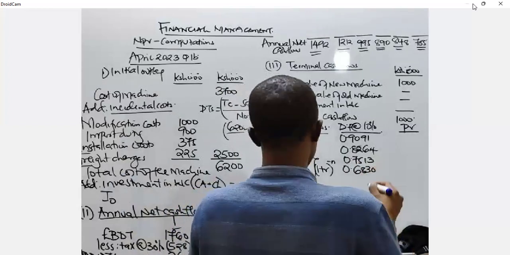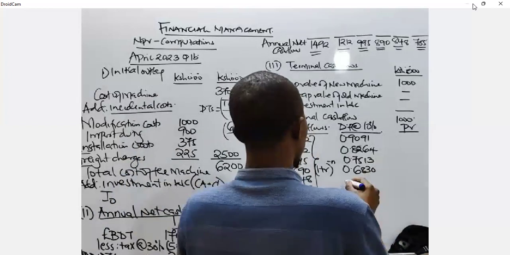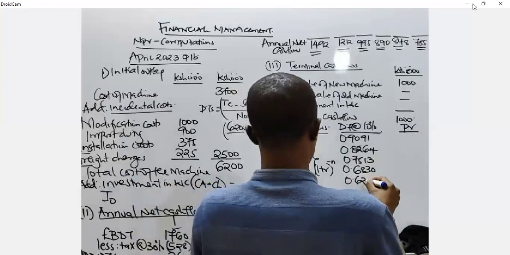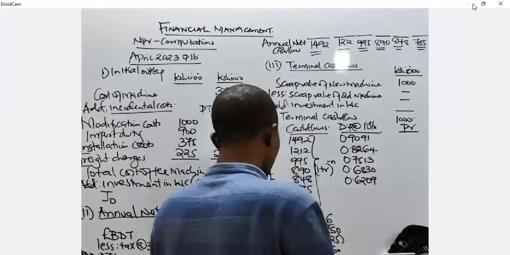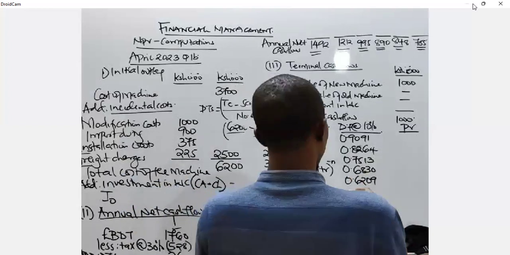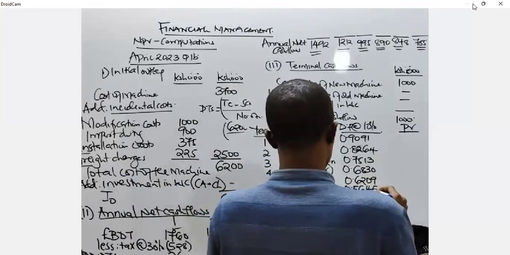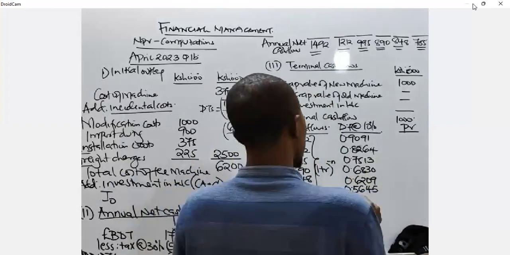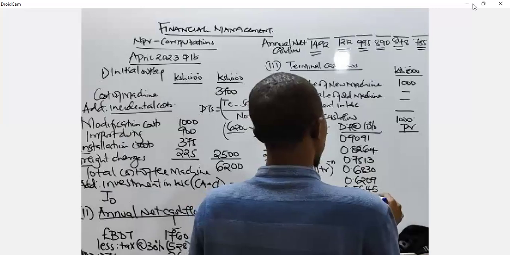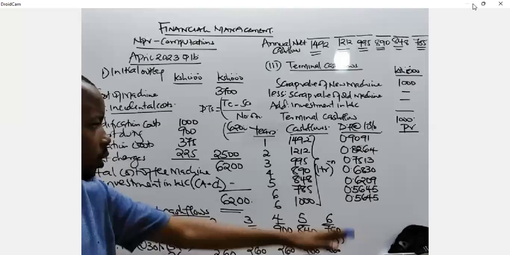We have here 5, we are getting 0.6209. Then we have here 6, 0.5645. And year 7 also 0.5645. That is how you're going to be getting the discount factors.